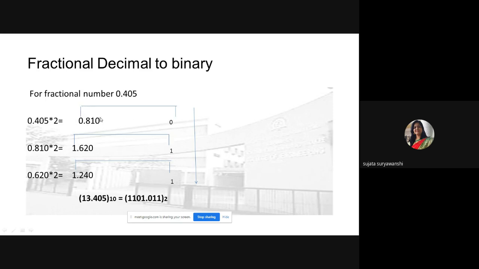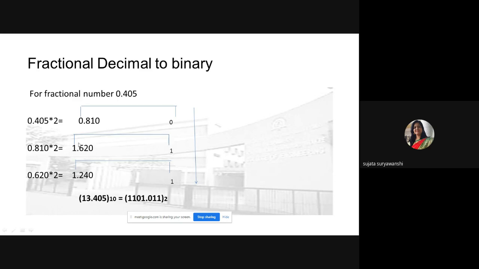After that, simply consider only the fractional part of the multiplication, that is again 0.810. For the next multiplication, I am considering 0.810. Multiplied by base 2, I am getting 1.620. Right now the integer part generated is 1, so I have to record that 1 and place it here.